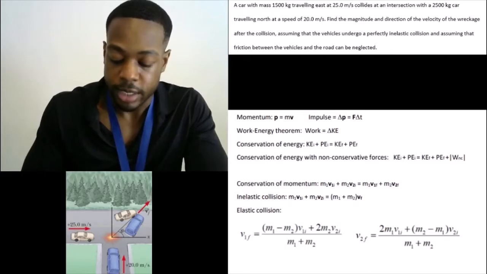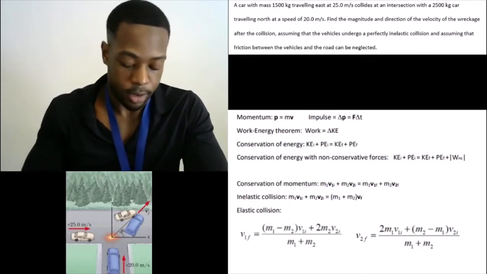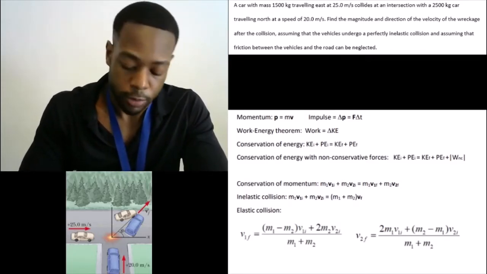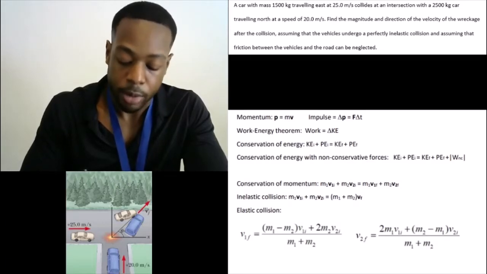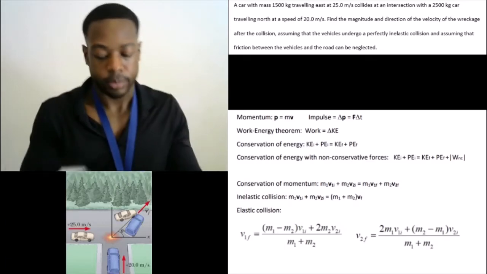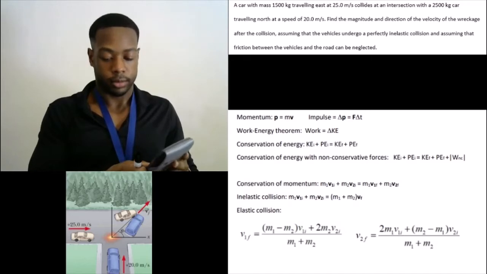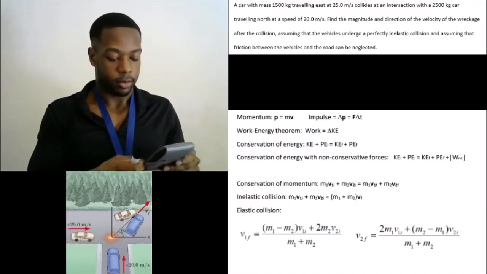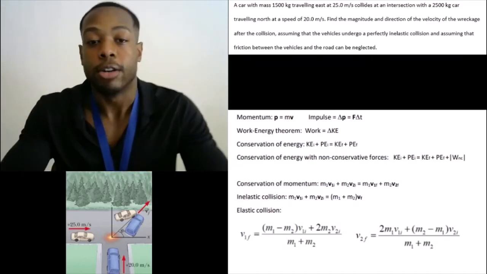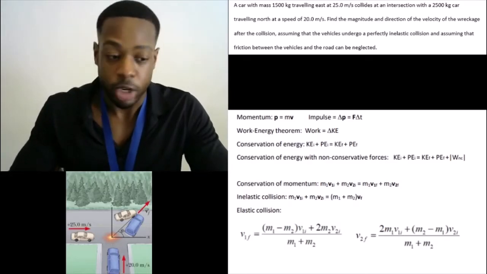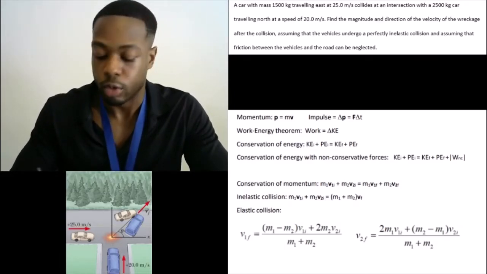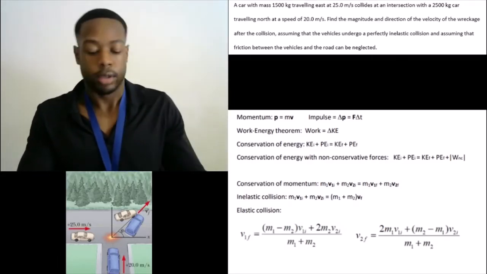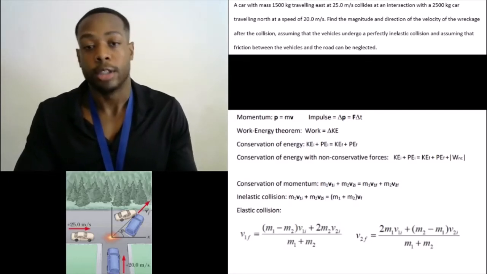So inverse tangent, opposite over adjacent, we've got 12.5 over 9.375. Our angle should be 53.1 degrees.